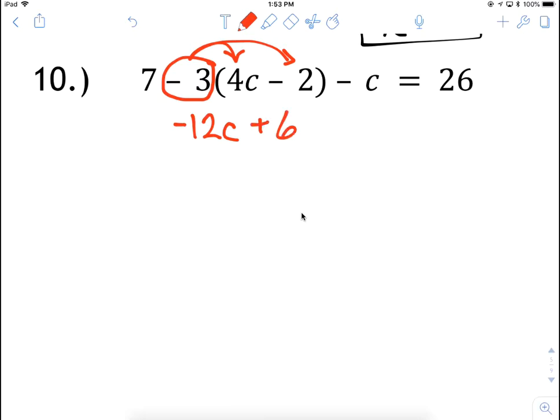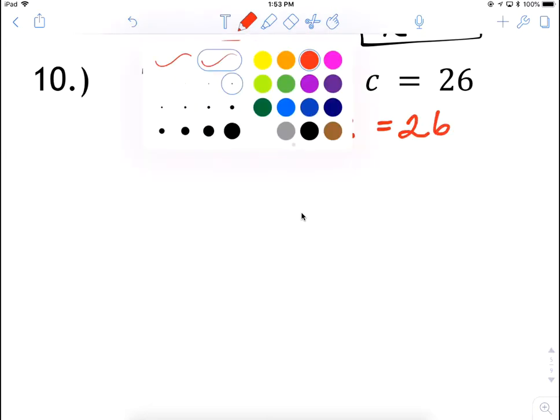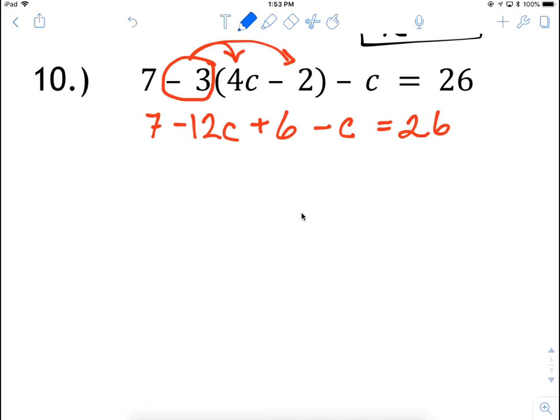Now, we have a lot of pieces that didn't get used. The 7's going to come down, the minus c is going to come down, and the equals 26 is going to come down. What do we look for next? Well, we're going to look and see if there's anything we can combine. I look right ahead at the variables, and it looks like we got a couple c's. So I'm thinking negative 12 minus just 1c.